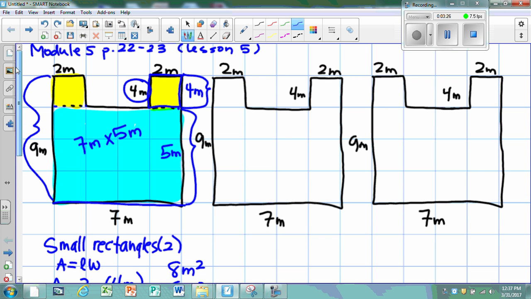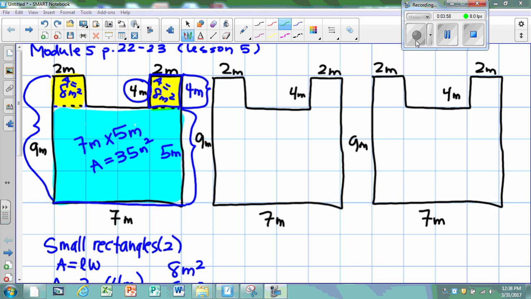If we go back up, we know that we had 8 meters squared for this as the area. We know that this was also 8 meters squared, and we know that this was 35 meters squared. And if we add all those parts up, we're going to have our final value, which would be 51 meters squared as our total value for the area of that shape.